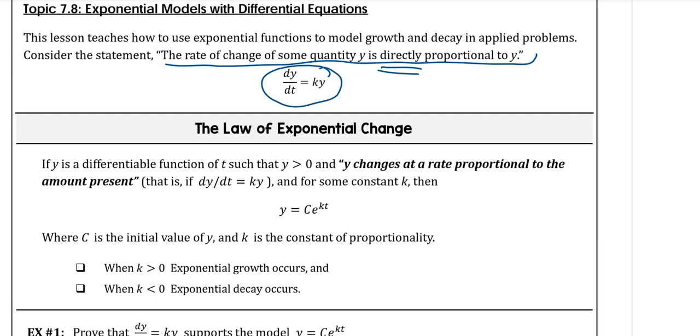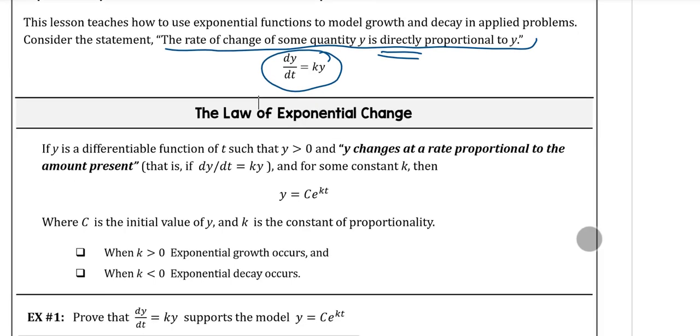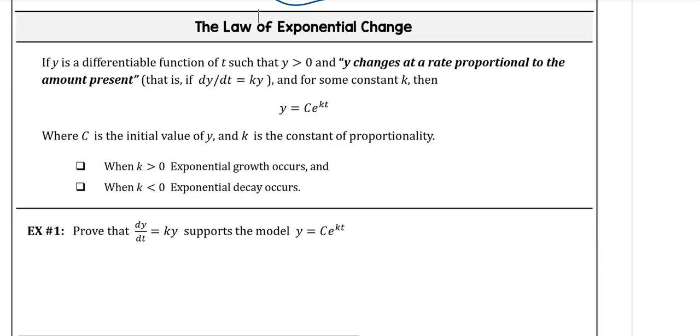And if that's the case, here's what happens. This is called the law of exponential change. If y is a differentiable function of t such that y is greater than 0, and y changes at a rate proportional to the amount present, so that was our differential equation above, dy/dt equals ky, then the general form of the equation will look like y equals c e to the kt.